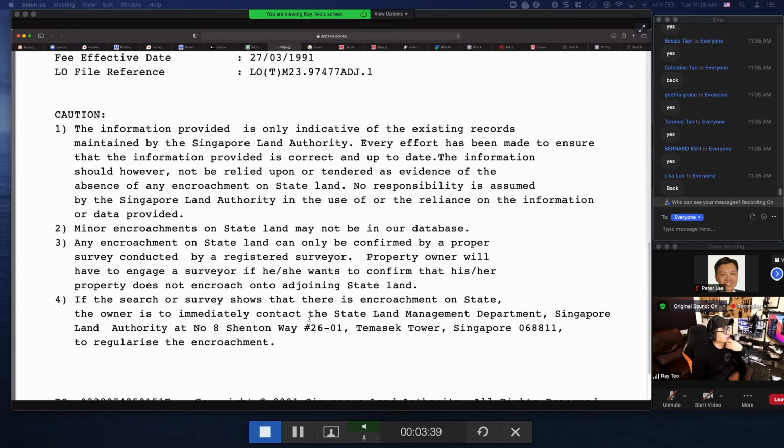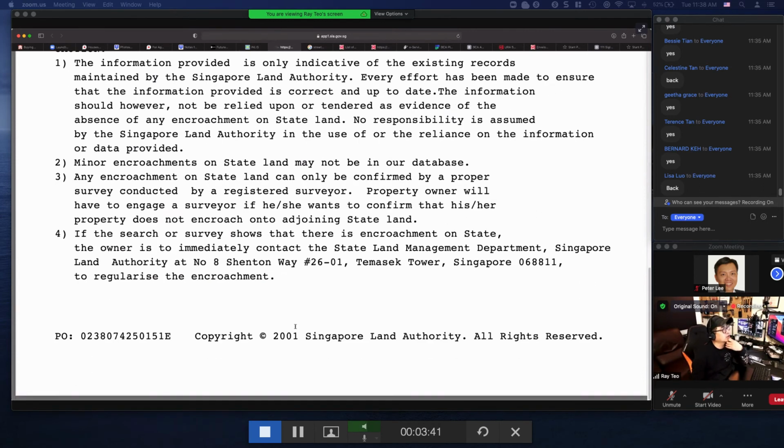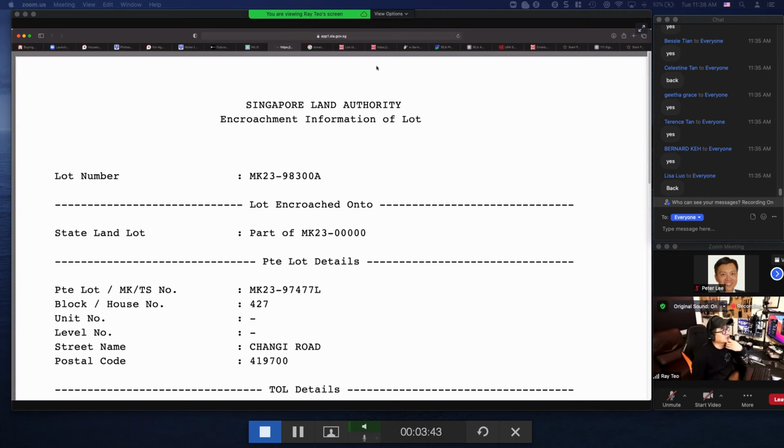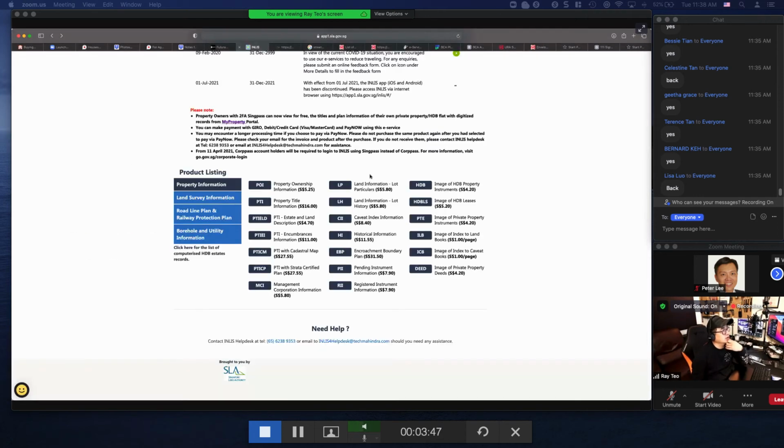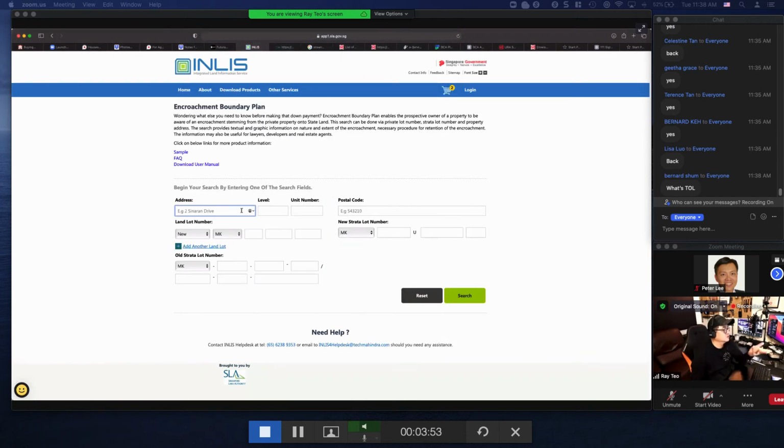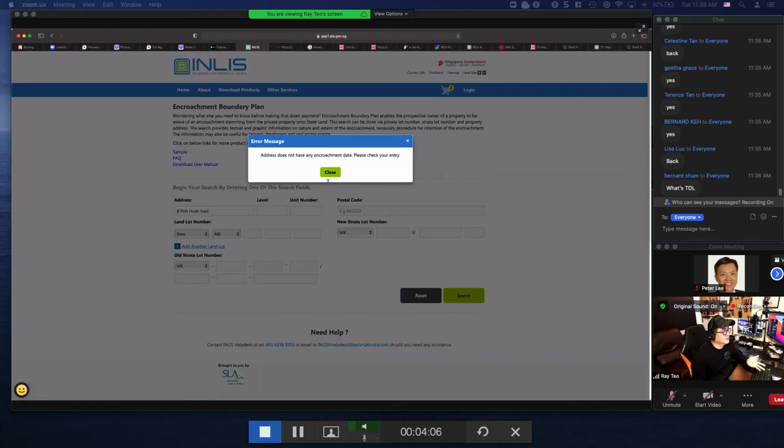So this is for a landed corner unit where you suspect there might be some encroachment. If there's no encroachment onto state land, when you search any address, for example 8 Road, which I'm quite sure has no encroachment because it's an intermediate terrace, it will show that the address does not have any encroachment data.